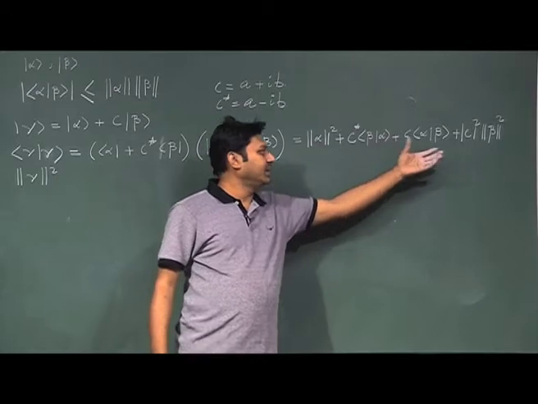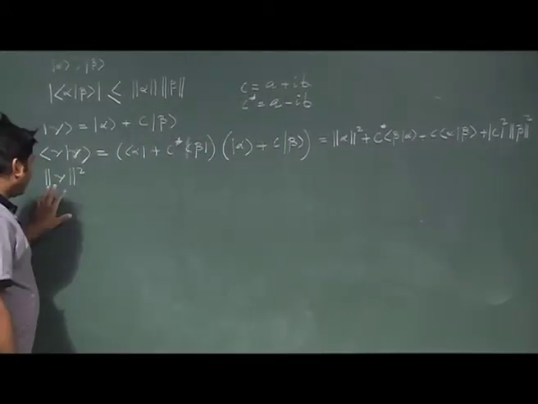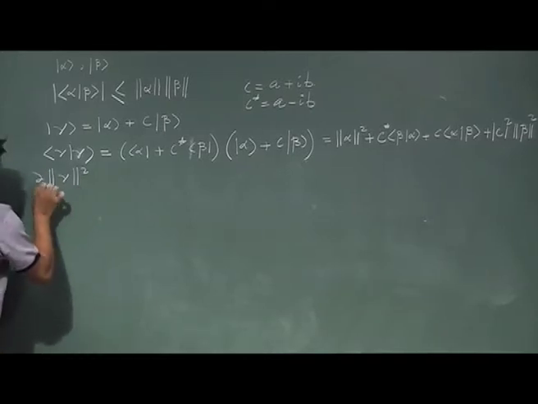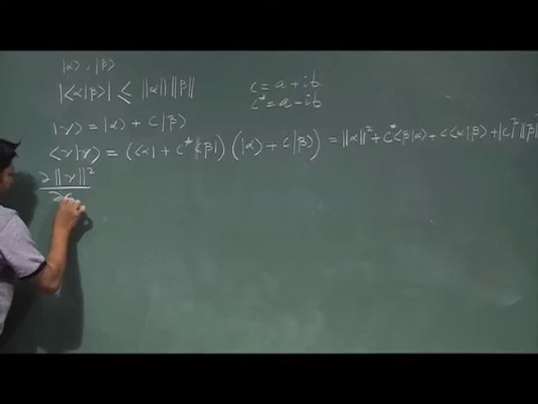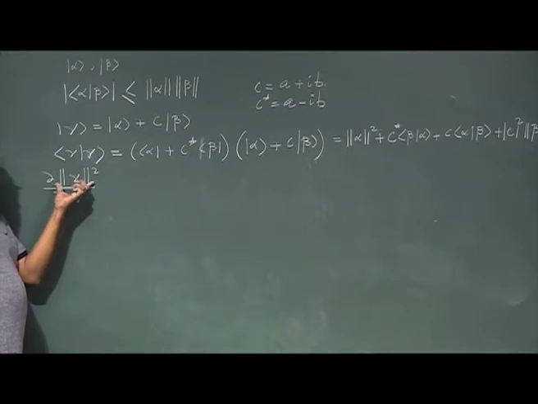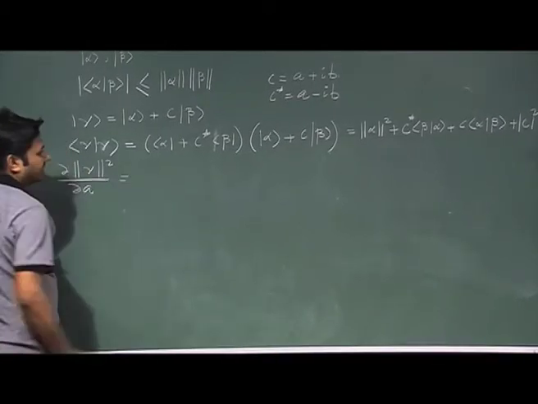I want to make this value as small as possible. So the minimum condition is this. To find the minimum, I will take the derivative, and setting the derivative equal to 0 gives me the minimum condition, that is the usual.